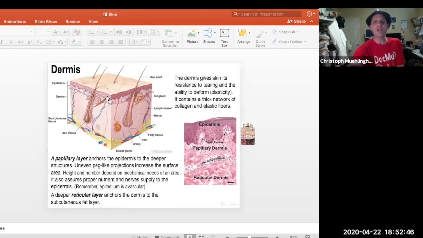And so they really make the surface area where the epidermis and the dermis touch each other much, much larger than if it were just flat. And that wiggly part is called the papillary layer. Good.